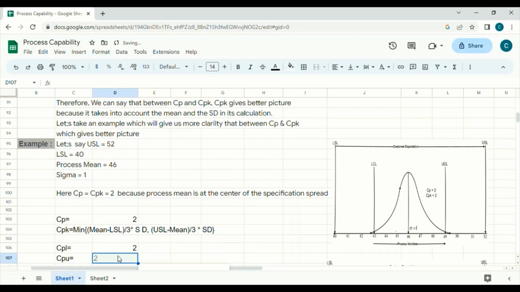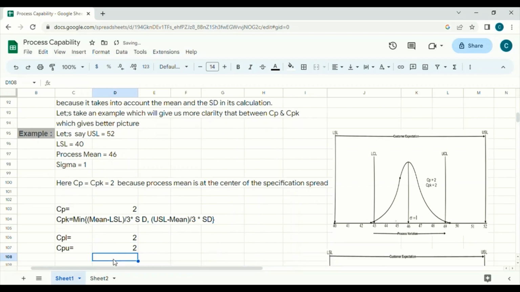We'll get 2. Now we'll calculate CPU. CPU value is equal to USL, which is 52, minus mean, which is 46, bracket close, divided by 3 into sigma. Sigma value is 1. Press enter, we'll get CPU.